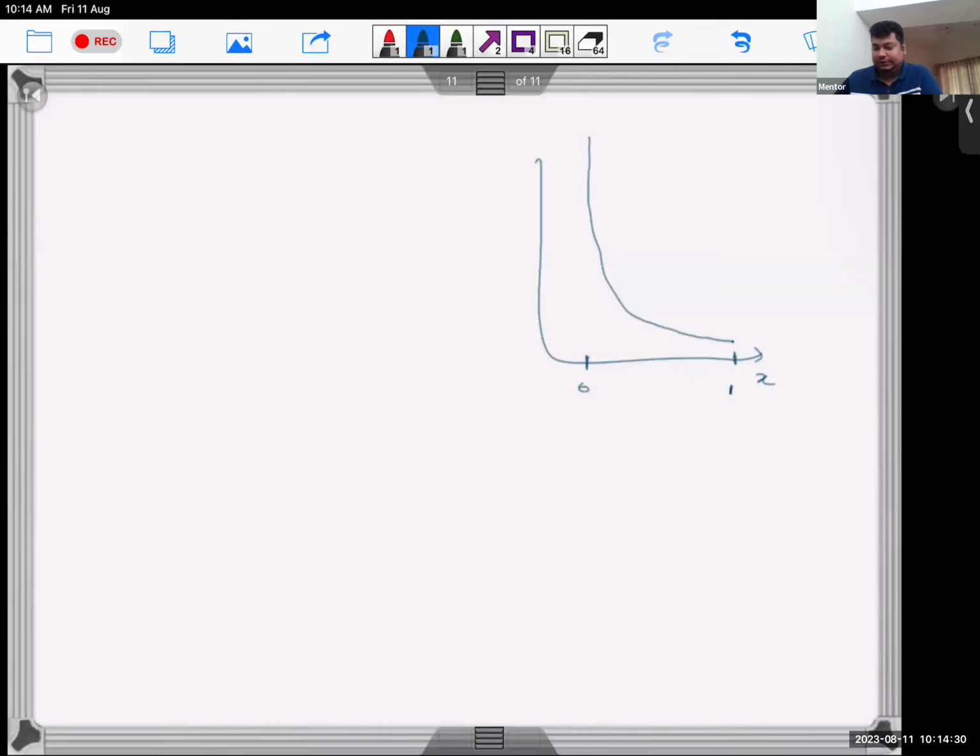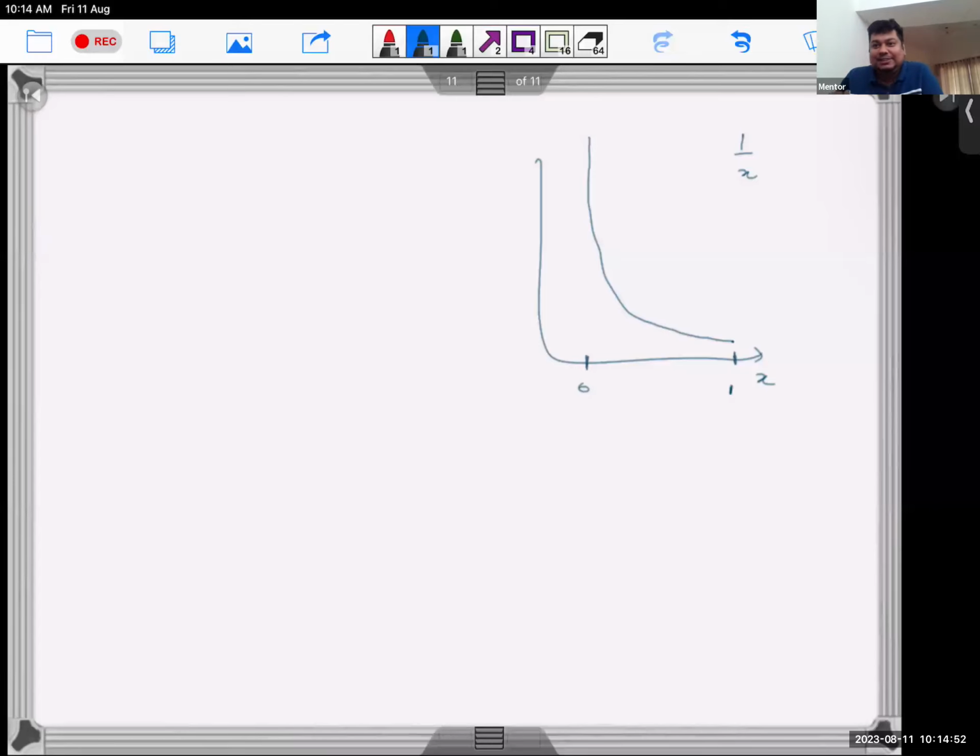Is it parabolic? So think about this. If you say 1 by x, I agree, I'm not denying that. But is it a parabolic increase as you go away? No, it is actually an exponential increase. As x decreases, 1 by x becomes more and more.